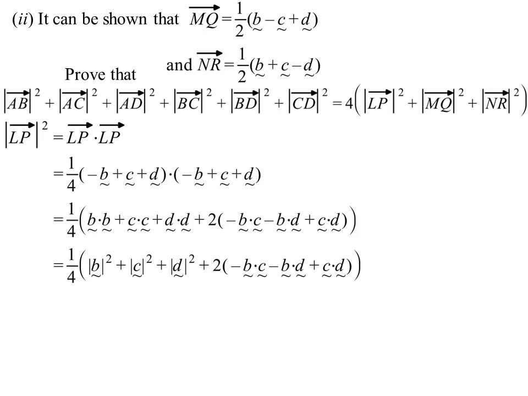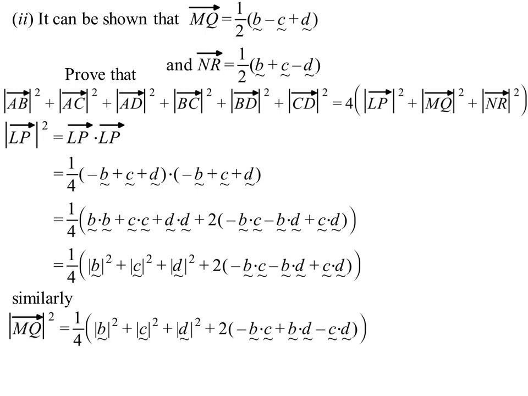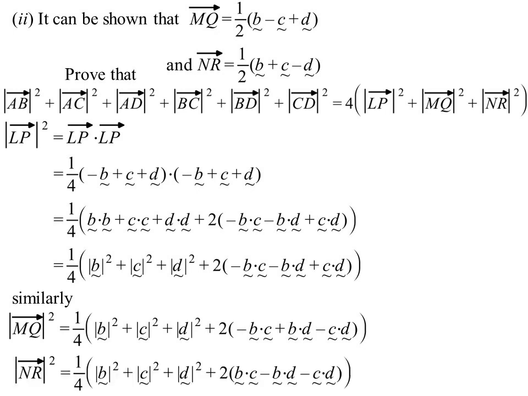So if this is my expression, and notice how only one of them in the second parentheses is now positive, then I just have to say, well, this would be the same, but now in the second parentheses, it's going to be the BD that is positive. And in the NR squared, it'll end up being the B dot C that is positive. So I now have these three things.